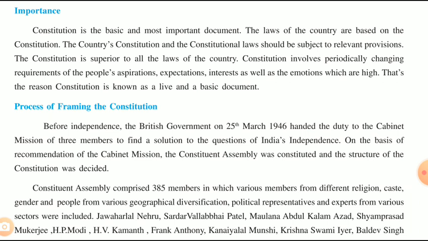These are defined in a collection of books that is termed as the constitution. These rules and regulations are not always the same as per people's expectations, aspirations and interests, and related to current scenarios. They are required to change, and that is termed as amendment.